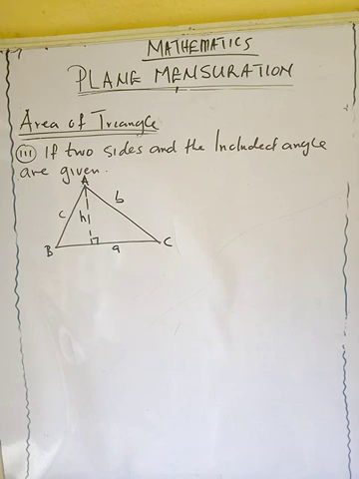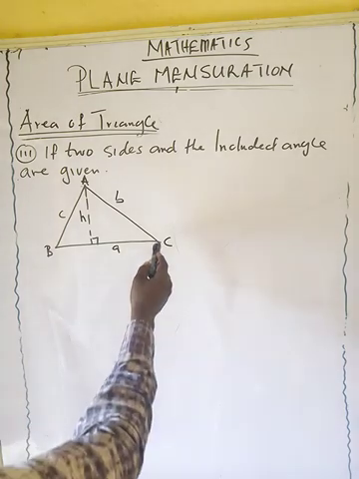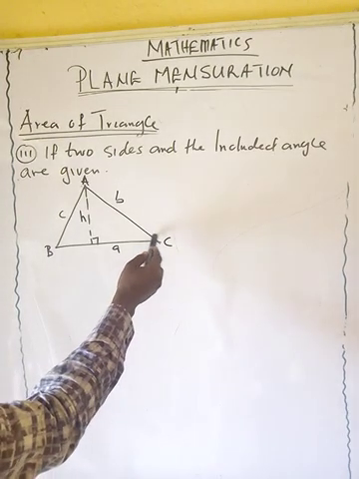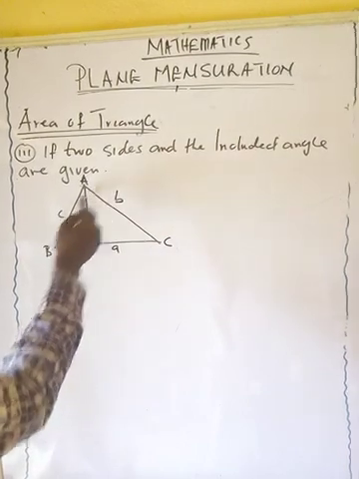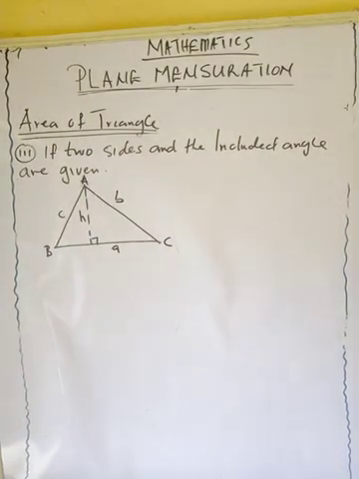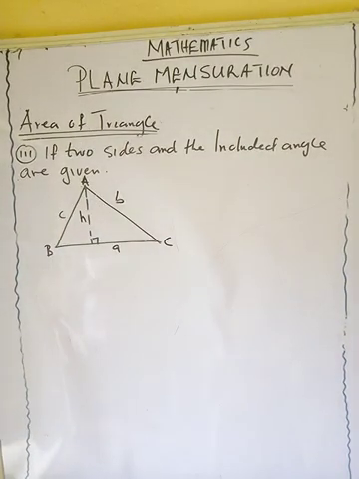Now, in this triangle, the angles are shown in capital letters. The angles are shown in what? Capital letters. This angle, this angle, this angle, they are shown in capital letters, while the sides facing the angles are named in their respective small letters of the alphabet.